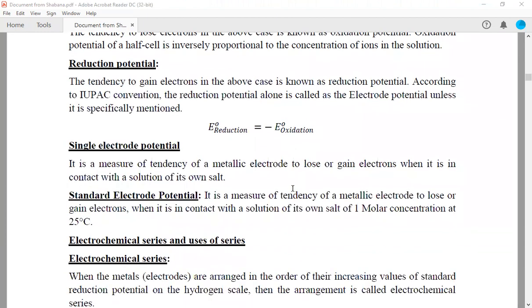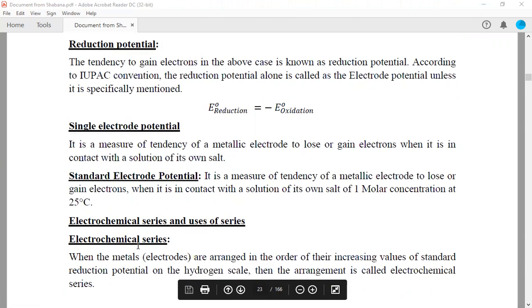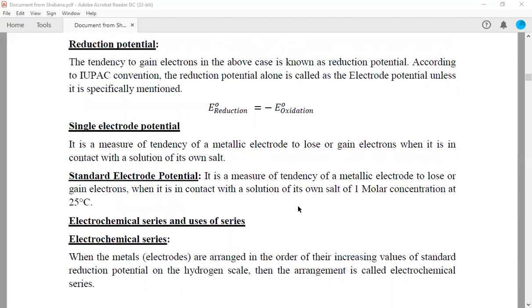Coming to the next one, that is the electrochemical series. Series means it is a sequence or an arrangement. That means it is the arrangement of the metals in the increasing order of standard reduction potential on the hydrogen scale.